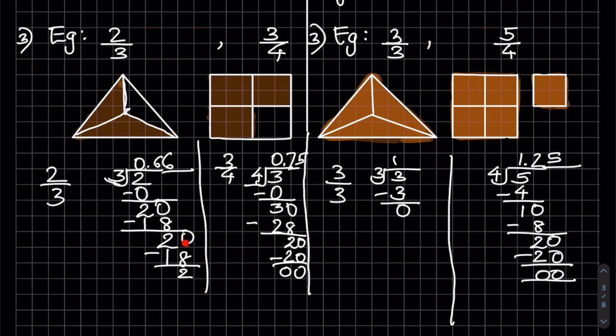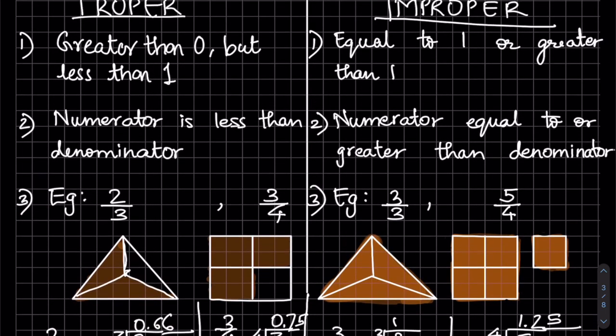Again we take a 0 as the decimal point is already put, and 3 sixes are 18. 20 minus 18 is equal to 2, and this keeps on continuing. So here the final answer of 2 divided by 3 is 0.66, which is greater than 0 but less than 1. Another example, 3 over 4.